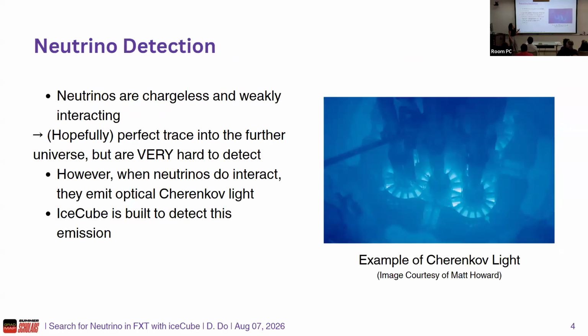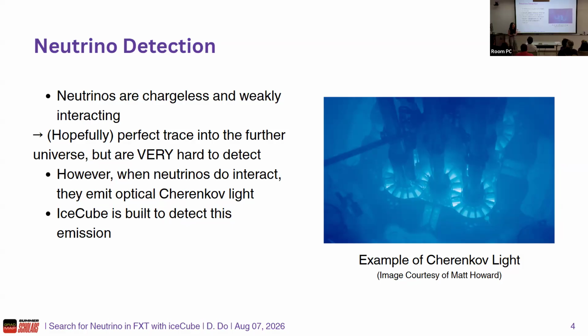Yeah, moving on. So we now see neutrinos as a source detection. We hope that they will be the perfect probe into the way further universe. But a problem with them is that they are very, very hard to detect because they don't have charge and they don't really interact a lot.